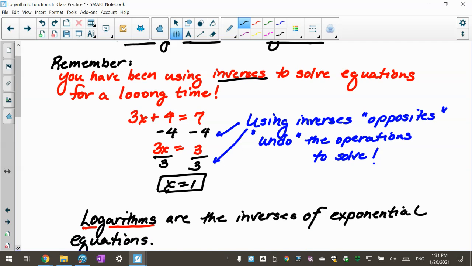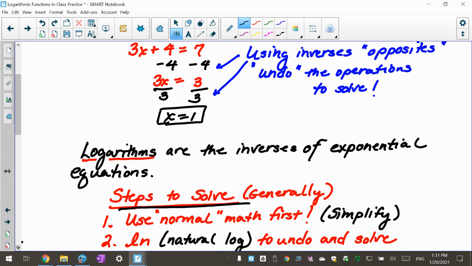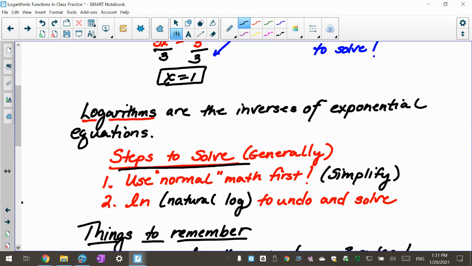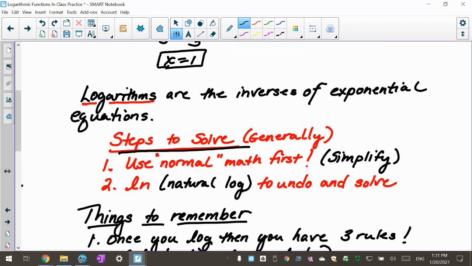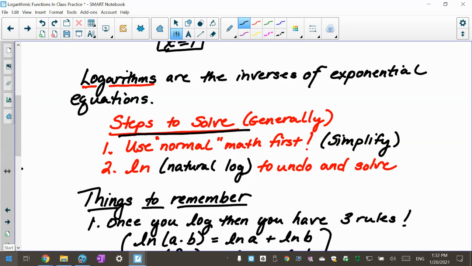So now we're using exponential functions, and we're doing some exponential equations. When I go to solve exponential equations, logarithms are the inverses of exponential. I've made this up, and it's very general, and there will be times when it's not always true, but for the most part, when you have an equation that you need to solve, use normal math first.